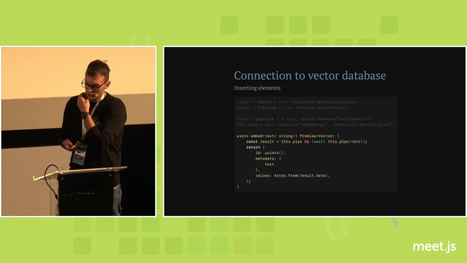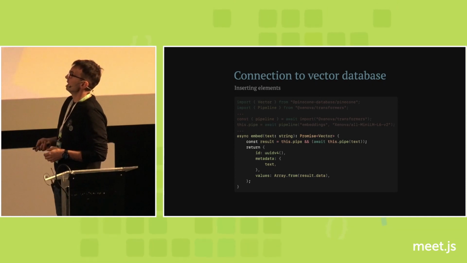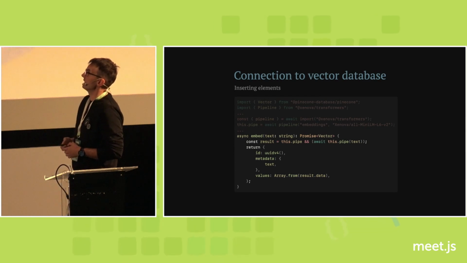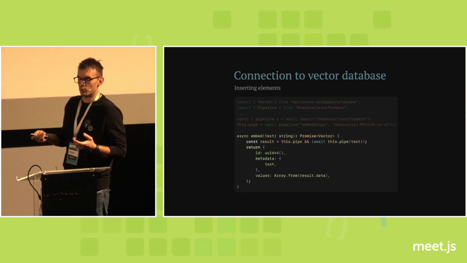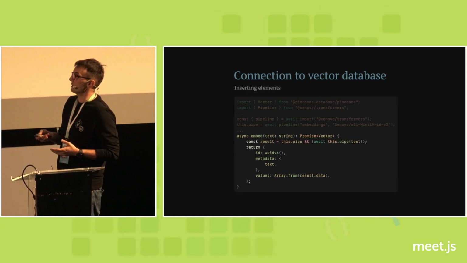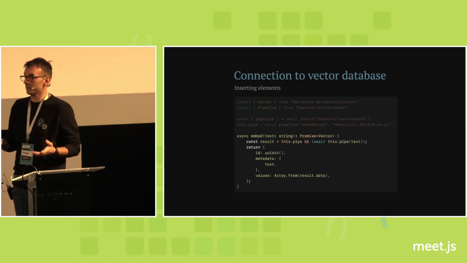And we are basically saving the data into our database. So we just transform this text. We can generate an ID; maybe this is an ID that we'll take from our relational database. We can provide metadata, which basically means we can provide anything there.